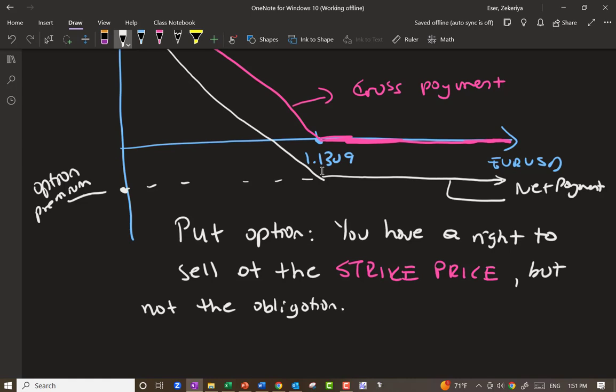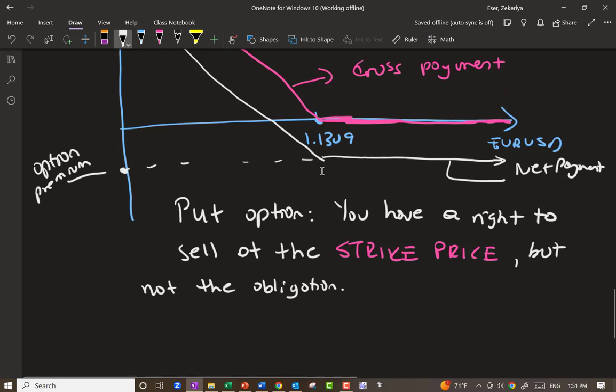We talked about one kind of put option. We talked about a European put option.